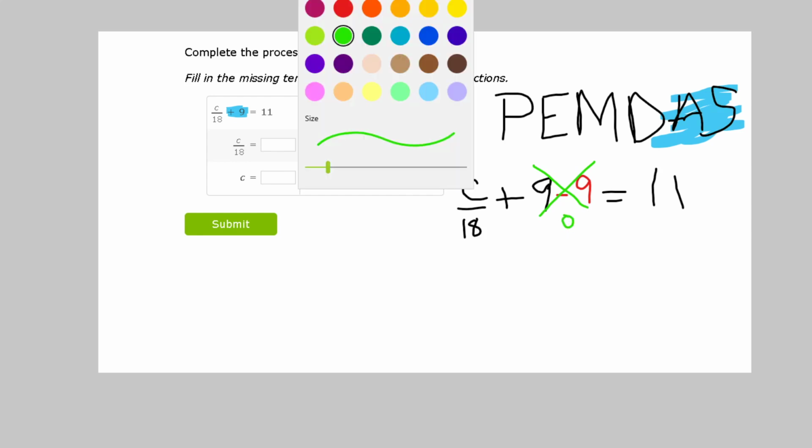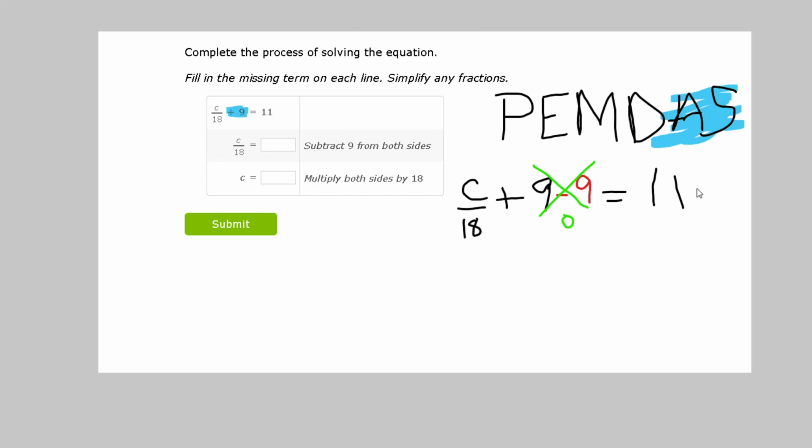But then we have to do the same thing to the right side. 11 minus 9 to the right. This is like if we took 9 blocks off the left side of the scale, you have to do the same thing to the right side. Otherwise, it's not in balance. So this leaves us with c over 18 is equal to 2.